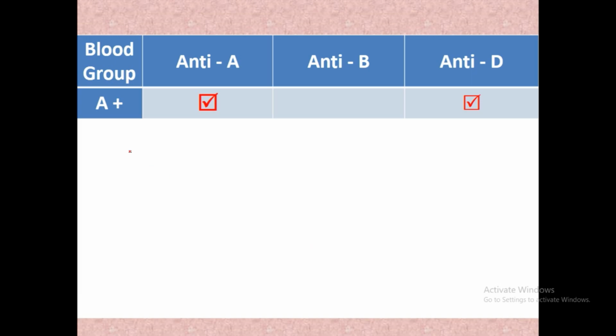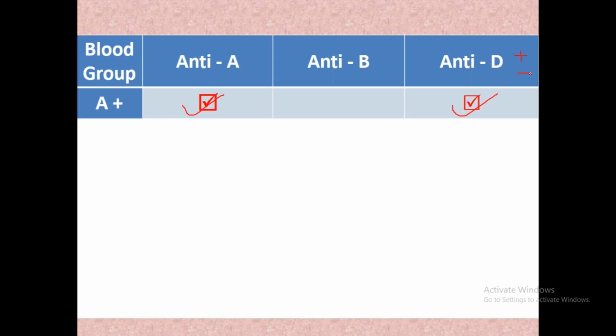For a person having the A positive blood group, we find agglutination in anti-A solution and in anti-D solution. Remember this: whenever agglutination is present in anti-D solution, the person has a positive blood group, and whenever agglutination is not present in anti-D solution, the person has a negative blood group.